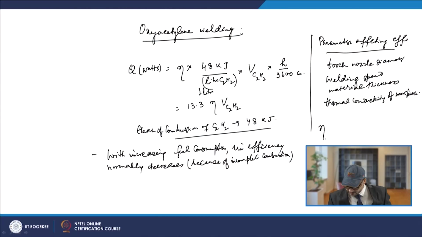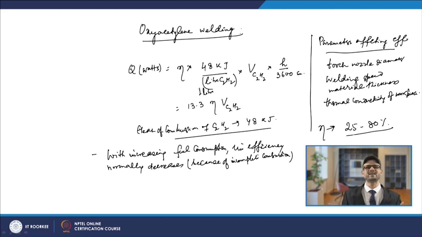Once you increase the temperature, you are utilizing the energy of the fuel. What has been reported is that the efficiency for the oxy acetylene gas welding process varies from 25 to 80%.